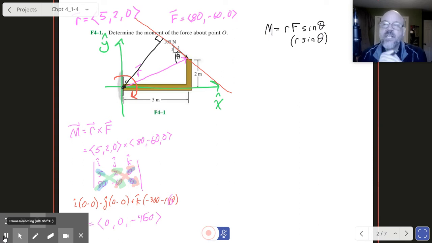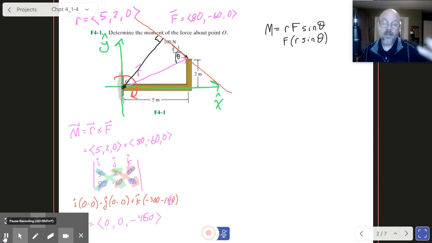Okay, so we're really saying we want to take the magnitude of the force times the distance of closest approach to the line of action. So if we had the distance of closest approach to the line of action, we could just use that. Now, in this particular case, that's not any fun. Again, that's a whole thing unto itself.